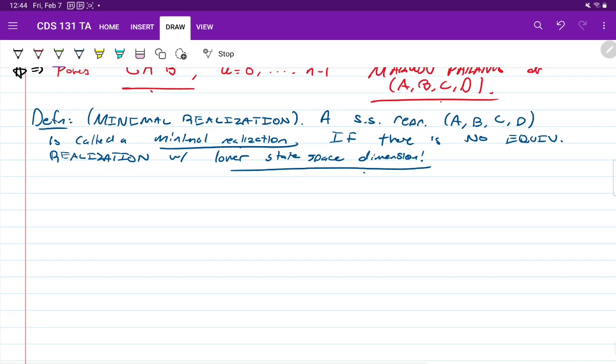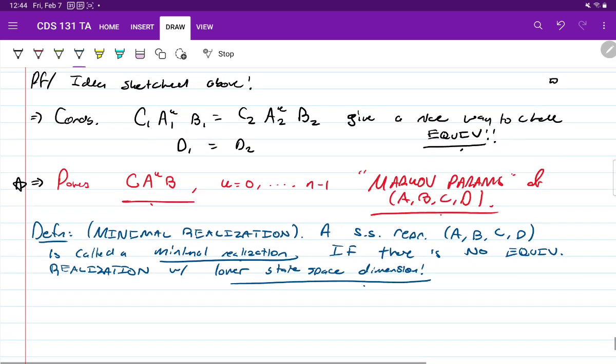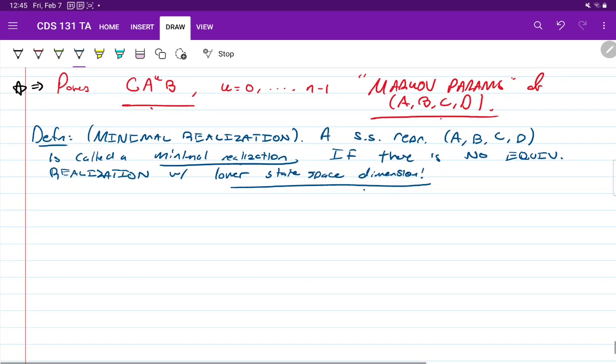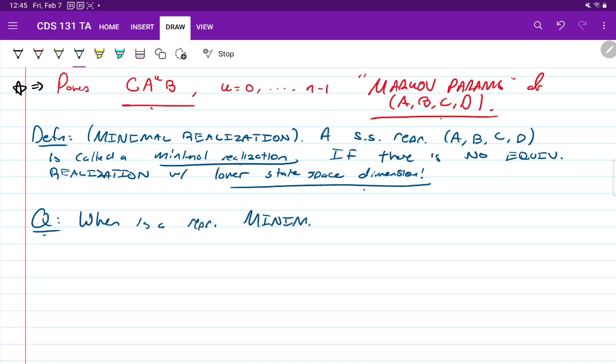Okay, so above we have this characterization in terms of Markov parameters of whether two things are going to be equivalent or not, right? So my question is, when is a representation minimal? Maybe we can get some sort of answer with these Markov parameters, right?